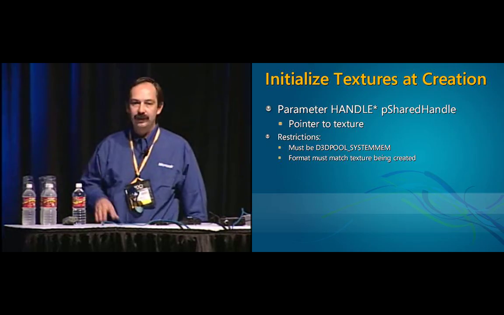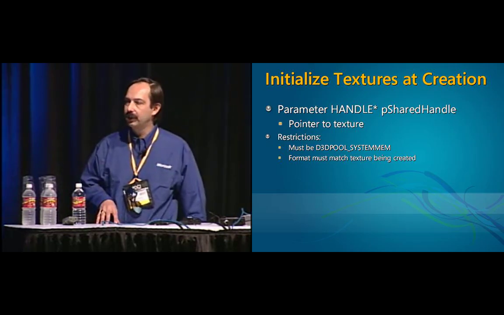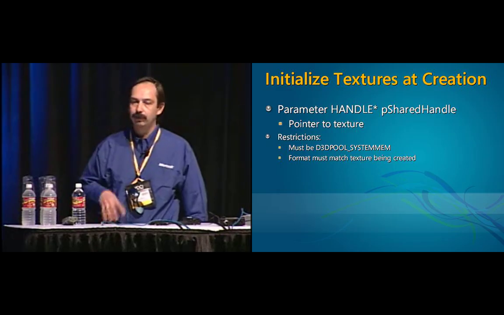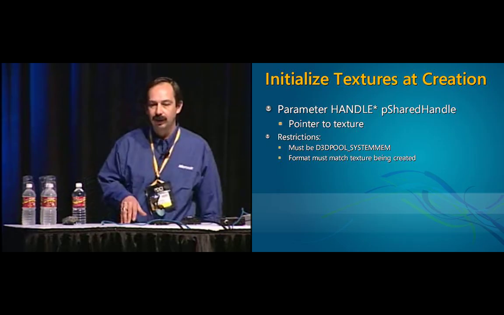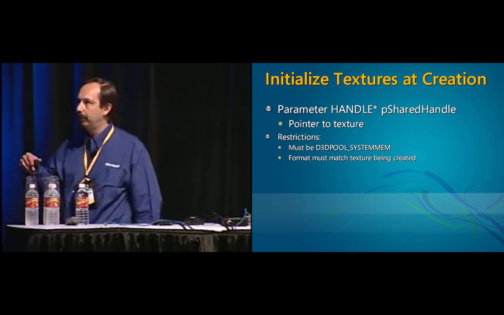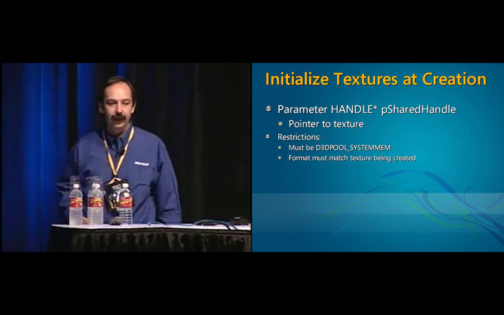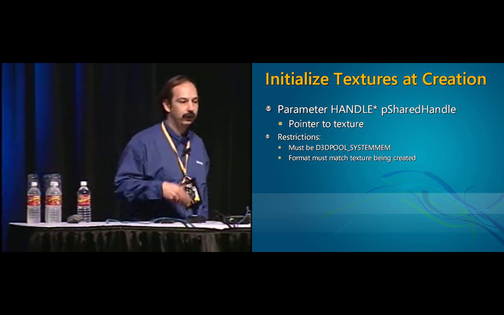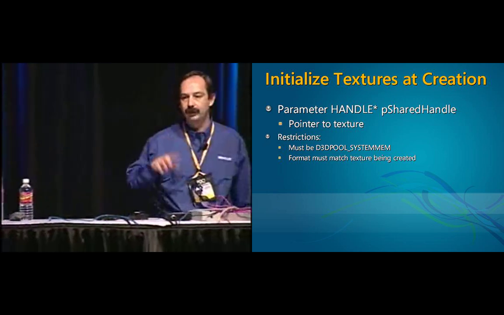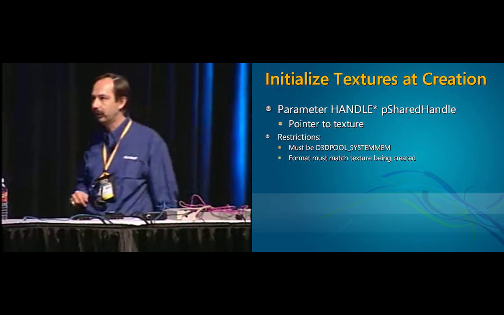The reason it works is that the bitmap you're creating has to be in system memory, and system memory obviously can't be a shared resource. So if you put a pointer to a bitmap into pSharedHandle and call something like CreateTexture, it's going to assume that handle is a pointer to some bitmap of the right format to initialize that structure.